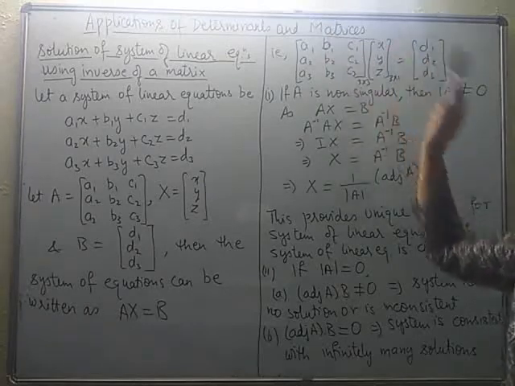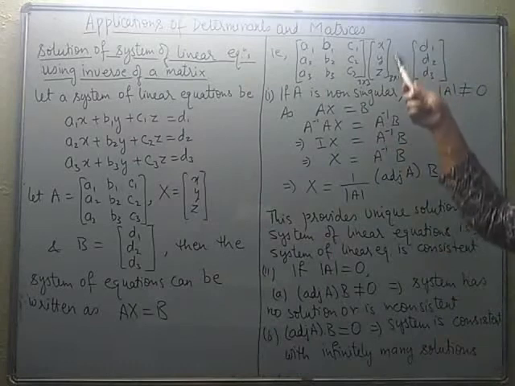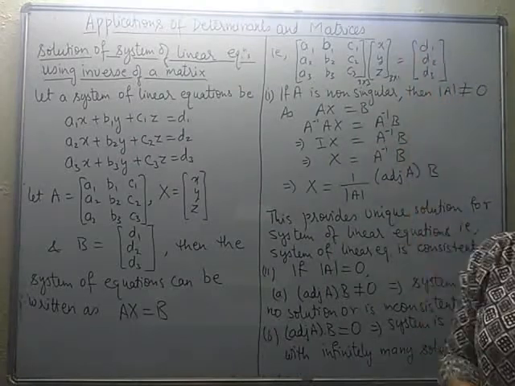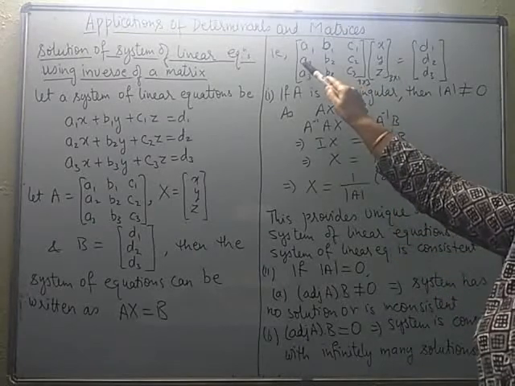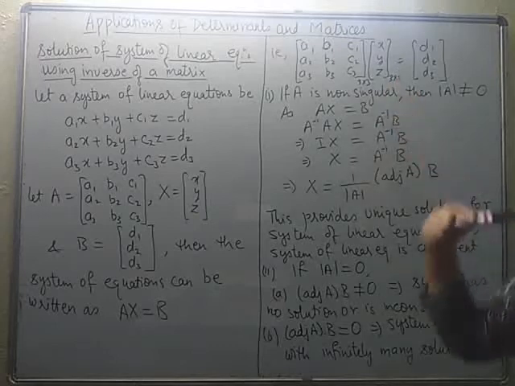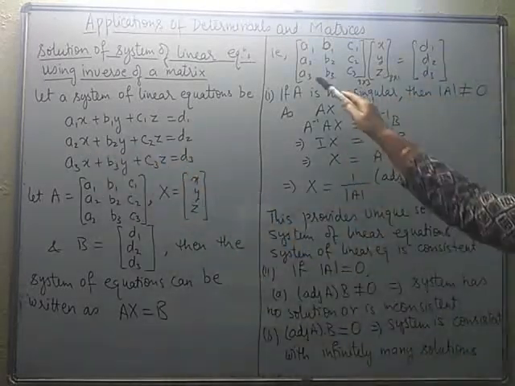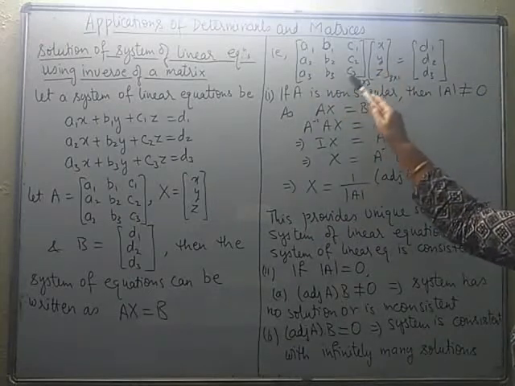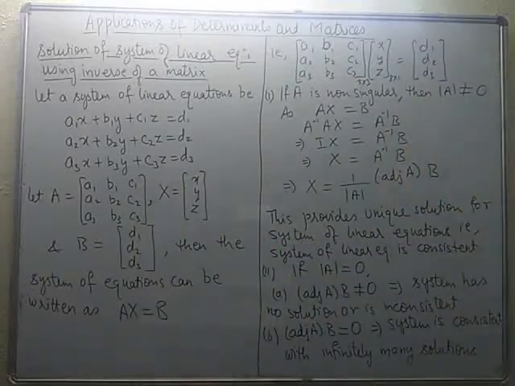Because we don't have more columns here, there is just one element in that row. Moving on to the next one, a2x plus b2y plus c2z. The second row will also have only one element. Then a3x plus b3y plus c3z, that is the left hand side of the third linear equation.